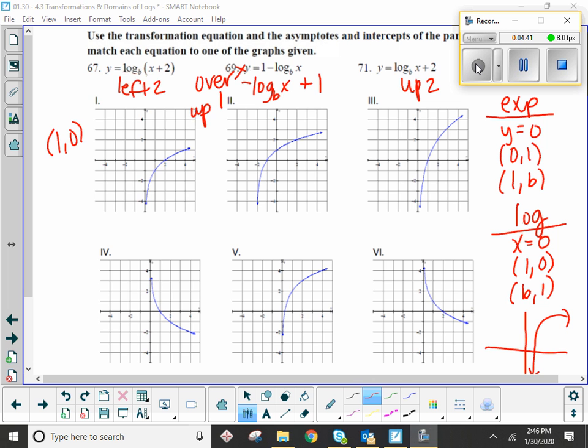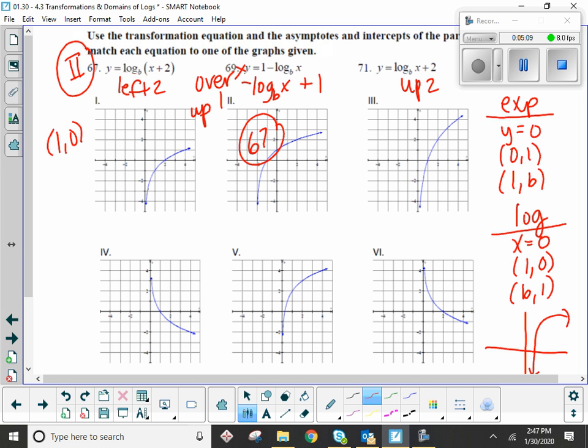What's your answer to 67? Which graph is for 67? Graph 2. That's right. Graph 2. If you didn't write Roman numerals, but you wrote problem numbers, you would have written 67 right there for Roman numeral 2.